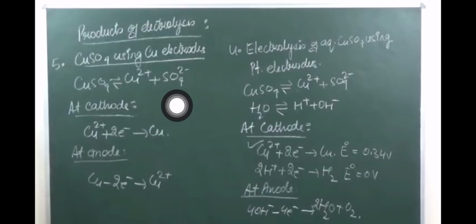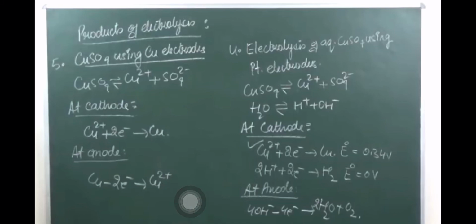As I told you, SO4 minus 2 is not going to lose electrons as we have discussed, so Cu loses 2 electrons to give Cu plus 2. Okay, so this was all about products of electrolysis.